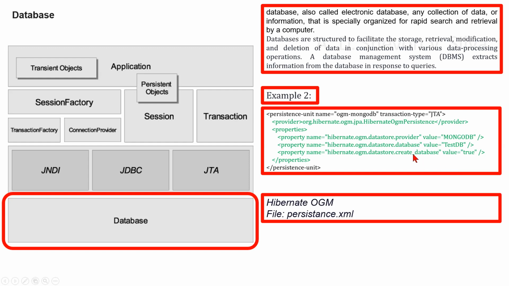The value of the attribute transaction-type is JTA. This implies that we want a JTA entity manager from the entity manager factory, and the provider is Hibernate OGM persistence for Hibernate OGM.